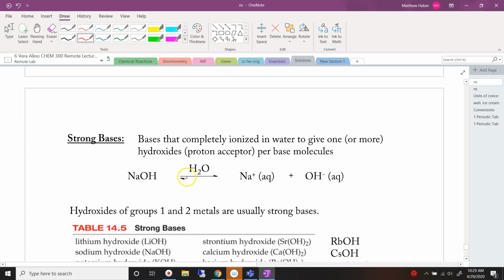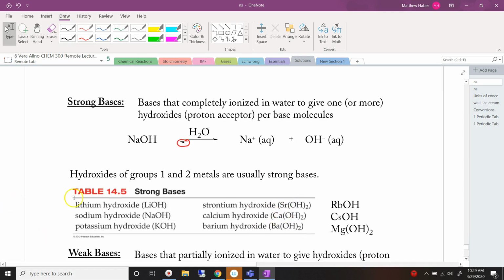So if you notice for strong base, this reversible arrow, or the reverse direction, is really small compared to the forward direction. It's very easy to remember strong bases because they usually are hydroxides of group 1A and group 2A. Group 1A: lithium hydroxide, sodium hydroxide, potassium hydroxide, these are categories of strong bases.